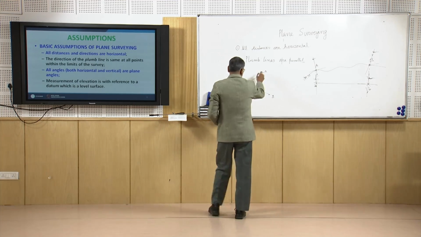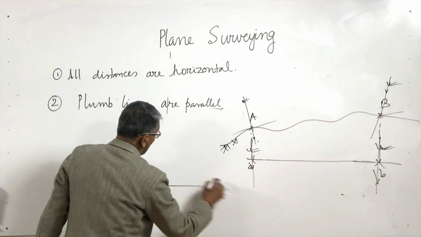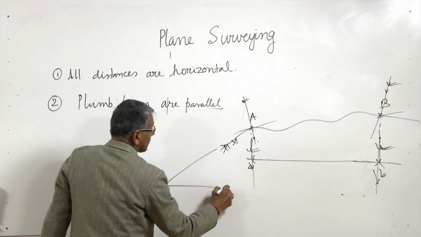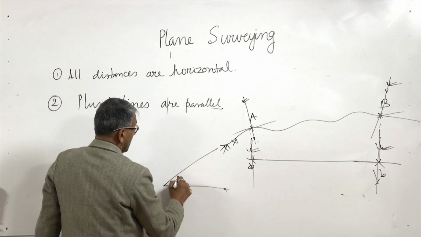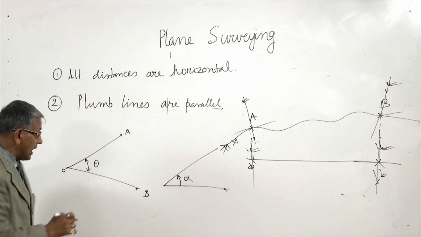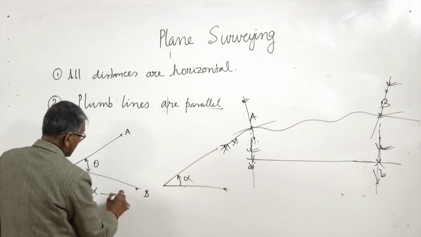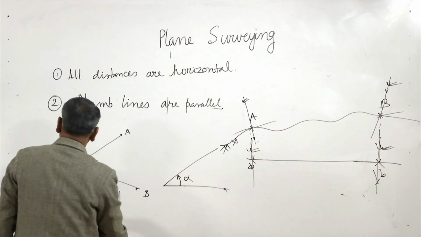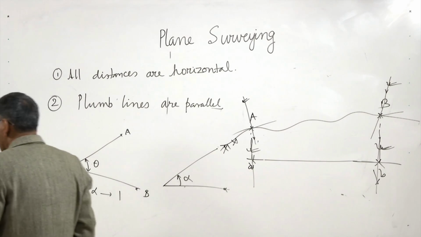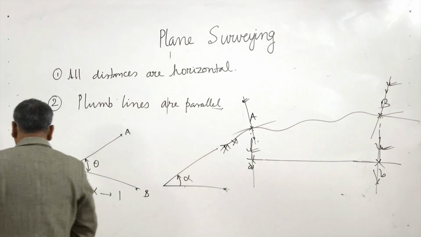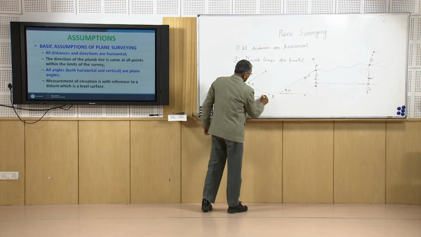Whether it is a horizontal angle or a vertical angle, alpha and theta are all plane angles.